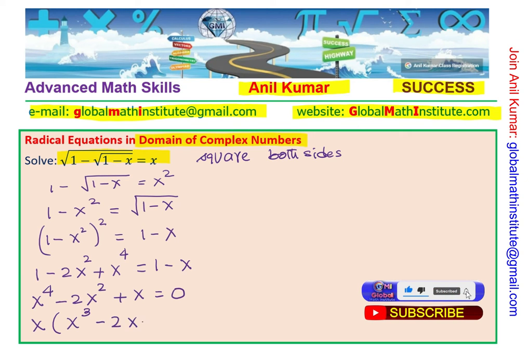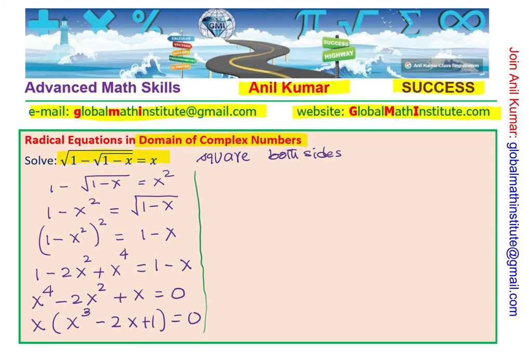Then we have x cubed minus 2x plus 1 equals 0. So definitely one solution is x equals 0, and for the other we want x cubed minus 2x plus 1 equals 0. I'm squeezing things in since the solution might run a bit longer.